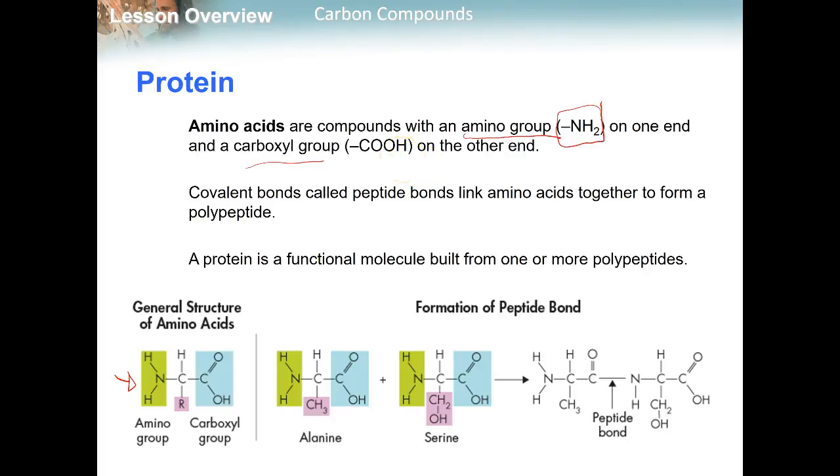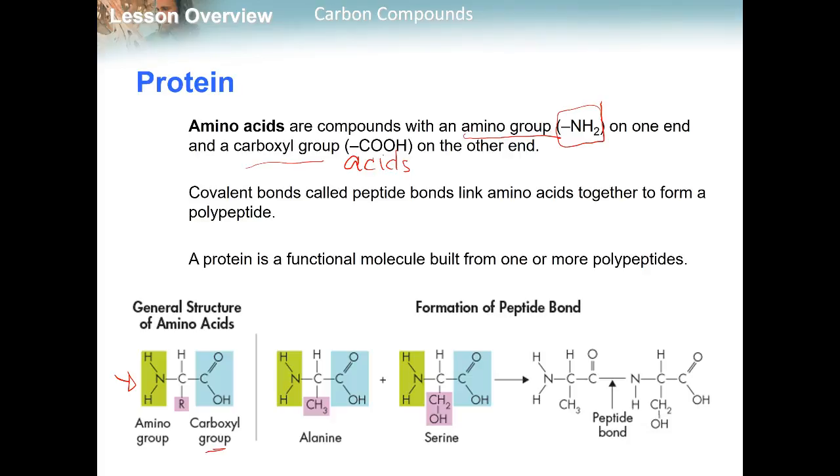So here's our carboxyl group, C, and then 2 O's and our H. And carboxyl groups are characteristics of acids. Anytime you see COOH in a chemical structure, you know that that is going to be an acid. Okay, so that's an indicator of an acid.